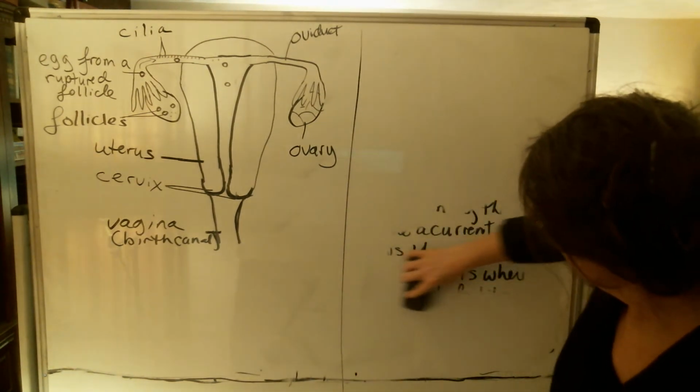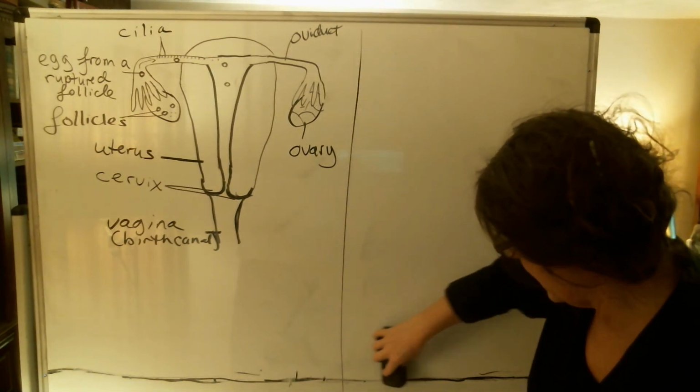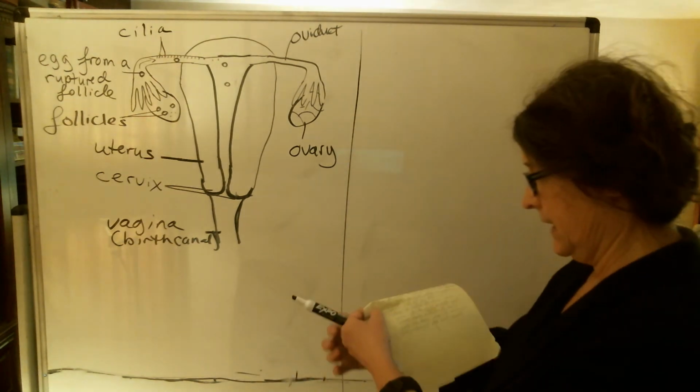So the uterus is both the muscular walls on the outside and the chamber on the inside.